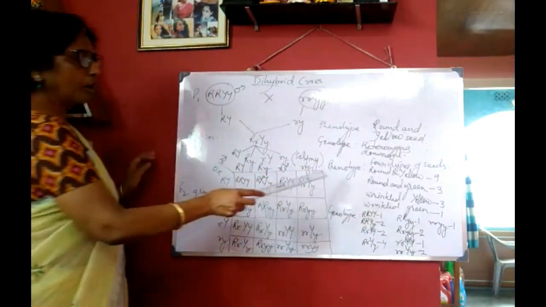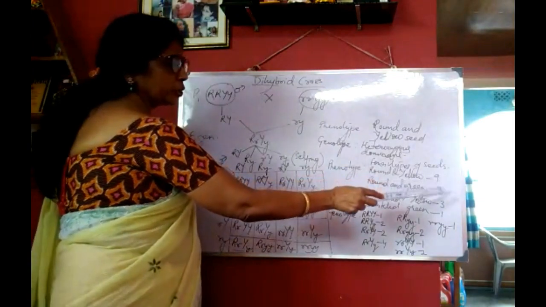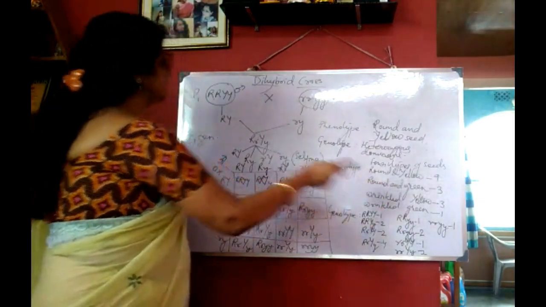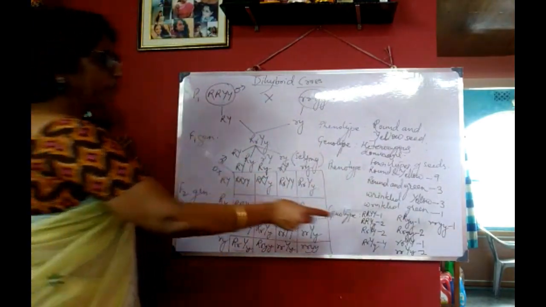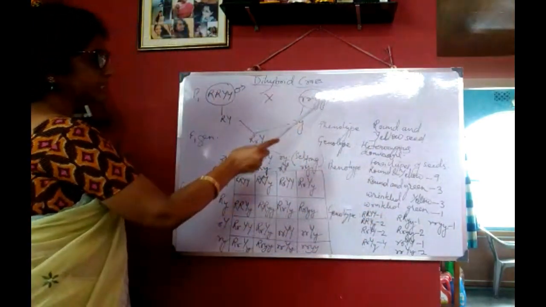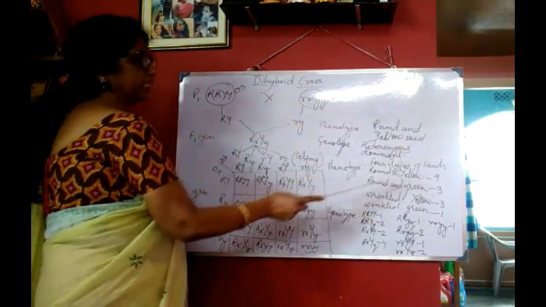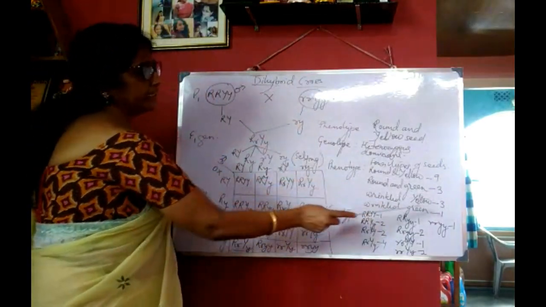The ratio of phenotype is 9:3:3:1. That means in the 9 and the 1 we are getting the parental combinations, and in these two 3s the new combinations come, that is round and green, wrinkled and yellow.